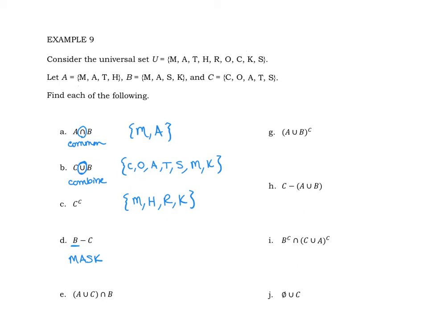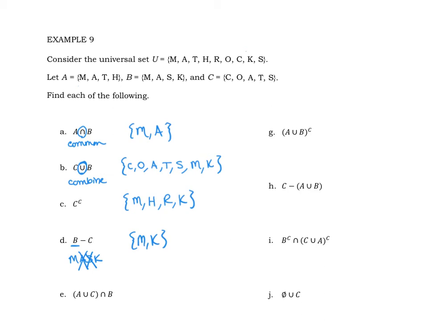It contains an O. I can't remove that. It contains an A. I can remove that. It contains a T. Again, I can't take away what was never there to begin with. And set C contains an S. I can remove that. So what is left is the M and the K from set B.